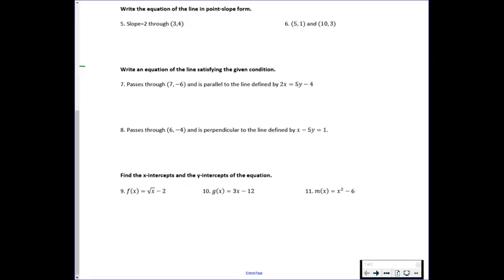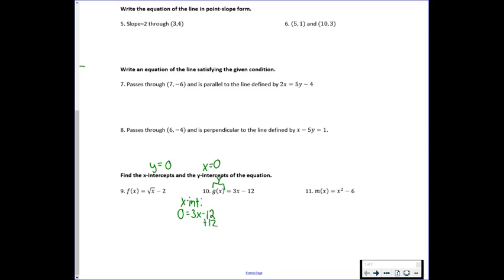Okay, number 10. Again, x-intercept, y equals 0. Y-intercept, x equals 0. So I'm going to plug them in. G of x, remember, represents y. My x-intercept, I'm going to plug in 0 for the y, so basically just set it equal to 0. 3x minus 12.